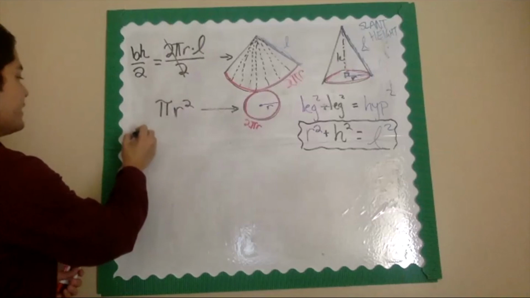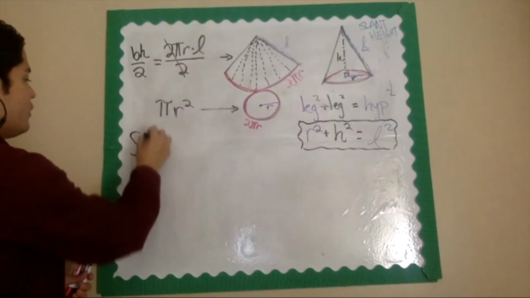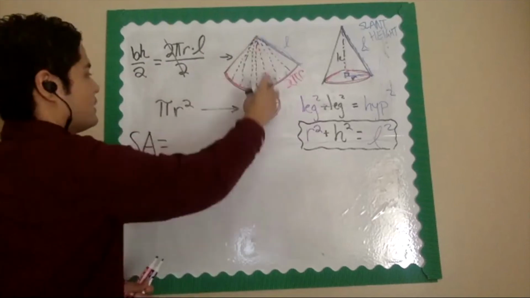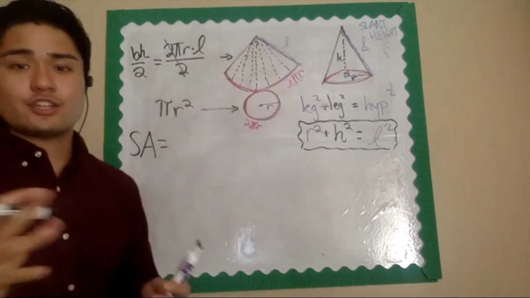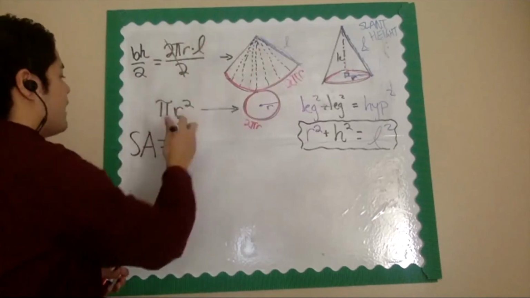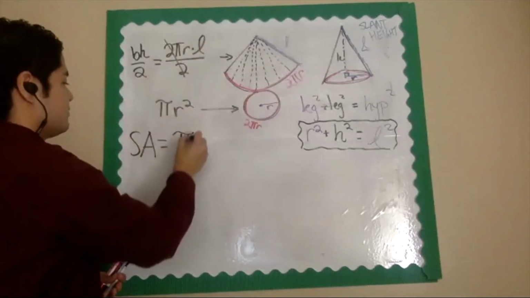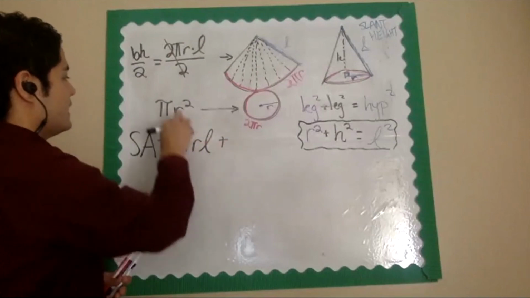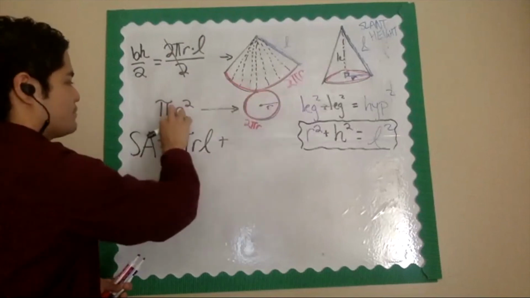So the surface area of the whole thing, remember we're trying to find the area of this plus this. That's the surface area of the entire cone. So I'm going to take this pi r L plus the area of this, which is pi r squared.